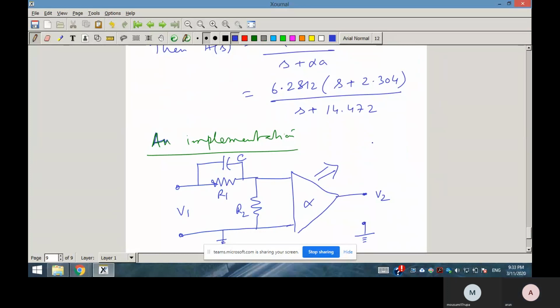This can be realized using an op-amp like this.